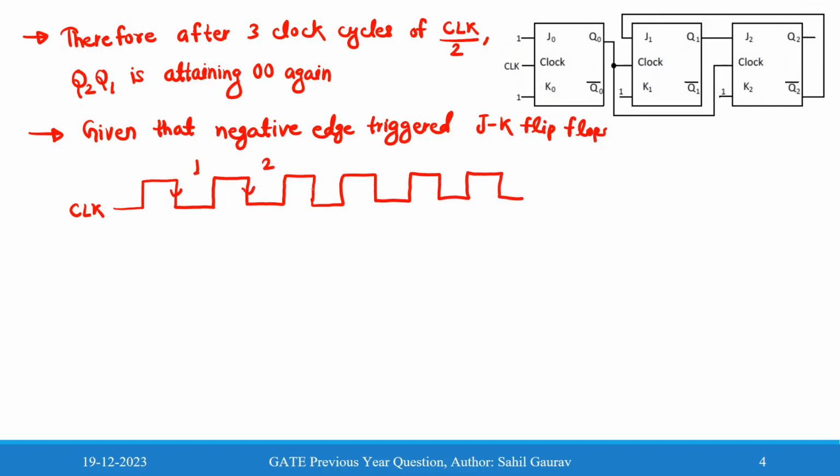This is the second clock pulse. This is the third clock pulse. This is the fourth clock pulse. This is the fifth clock pulse. This is the sixth clock pulse, and so on.